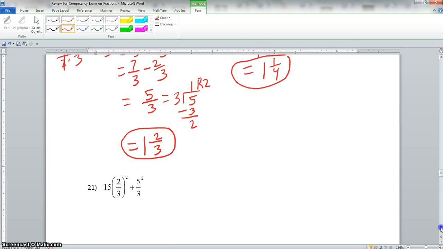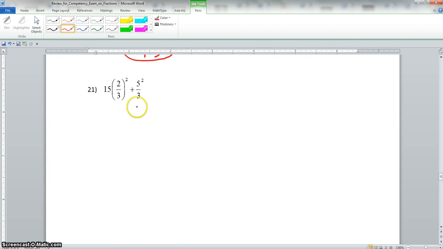Now we scroll down here to problem number 21. Now, we look inside this parenthesis, we cannot do anything inside here. But this parenthesis is taken to the second power. So we will have 15, and we know this is the same as 2/3 times 2/3. And then this is plus, we know this 5 squared is the same as saying 5 times 5, and that's over 3.